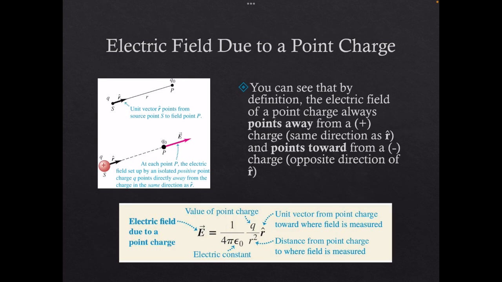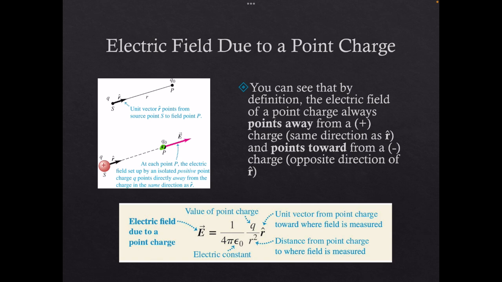So let's talk quantitatively about the value of the electric field at a particular point in space. Here we have the equation for the electric field due to a point charge. A point charge is emitting an electric field at every point in space, and we pick one point right here and want to know the field value there.